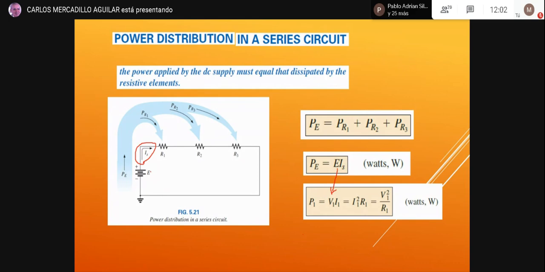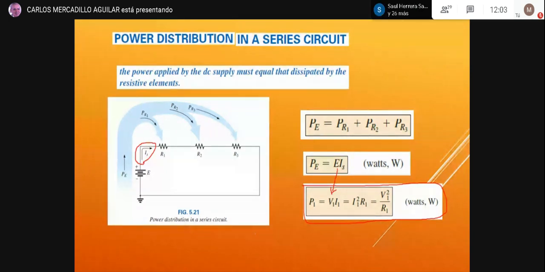But these two are two new equations. Please take note of this equation. In your notebooks, please take note of this formula, because you will need it for your formulary at exam time.